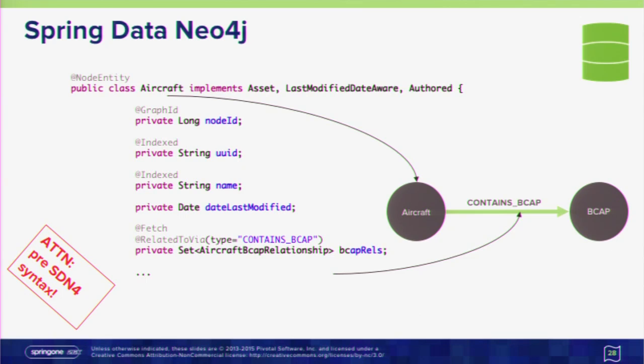You can specify if you want special attributes like cached, not cached, indexed. Neo4j used Lucene under the hood. And when you want to specify the relation to a different entity, then you say related to via, and you give it a dedicated relationship type.